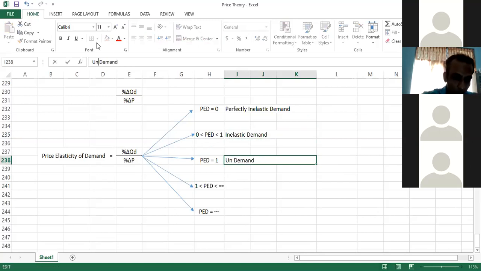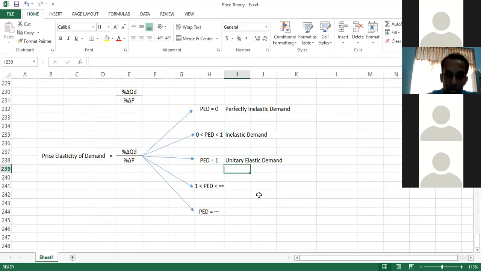So that is called unitary elastic demand, because the answer will be 1 if both factors are equal: the same percentage change in price and percentage change in quantity demanded. So that is called unitary elasticity.